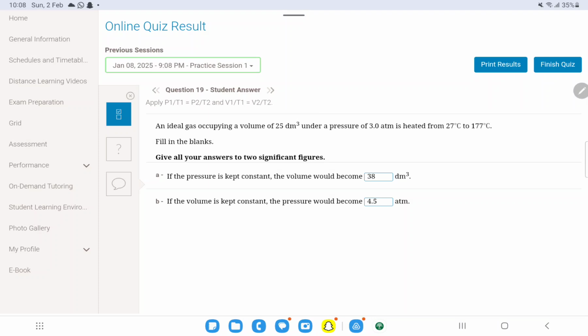Here, an ideal gas occupying a volume of 25 decimeter cubed under a pressure of 3 atm is heated from 27 degrees Celsius to 177 degrees Celsius. So, pressure stays constant for part A, so pressure cancels, n cancels, R cancels. V1 over V2 equals T1 over T2.